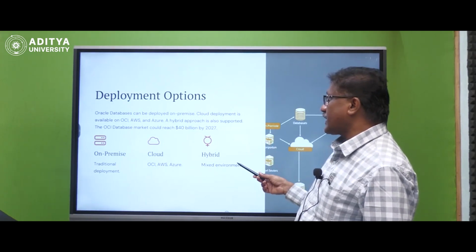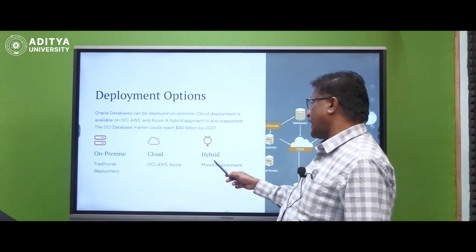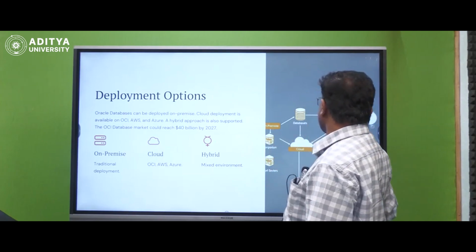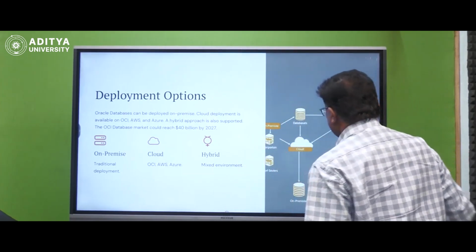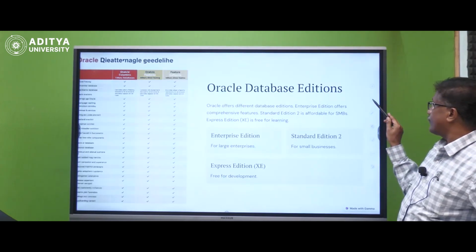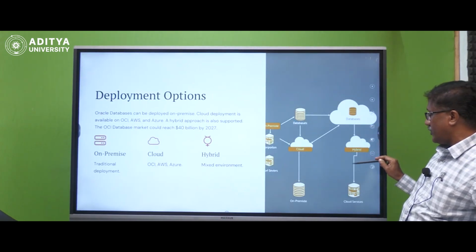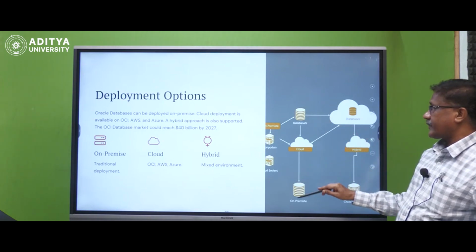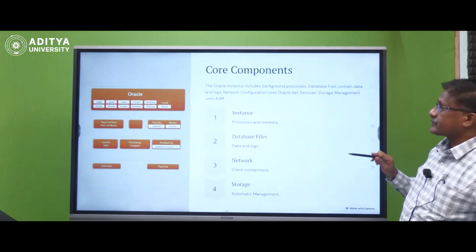OCI database, Oracle Cloud, on-premises, cloud and hybrid: all these play a very important role in the deployment options. If you look at this diagram, you can see the databases connecting in hybrid mode as well as with cloud services, on-premises and cloud, sharing across the various premises with the help of various services.